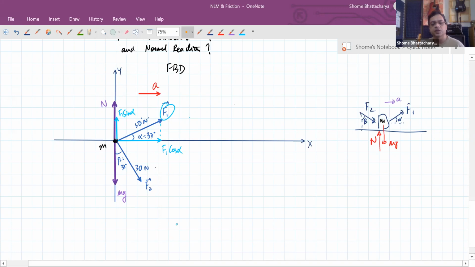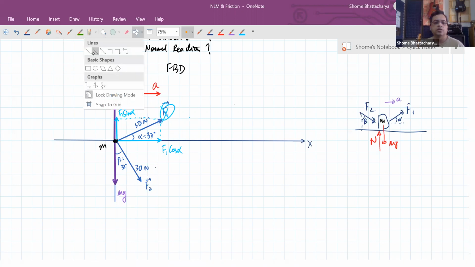So F1 is resolved. Okay. So we can remove F1 from the analysis now. Similarly, we will resolve F2 into components.